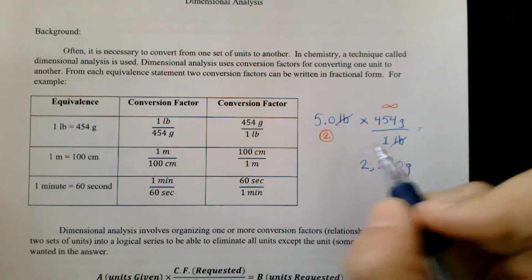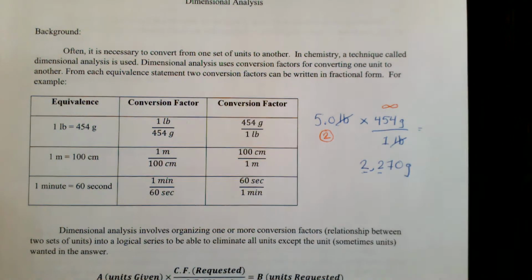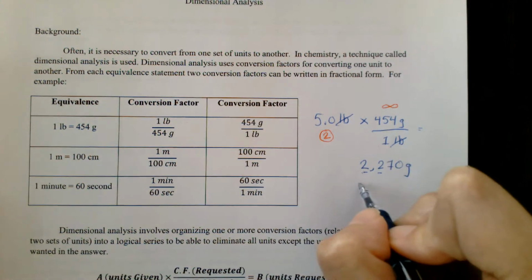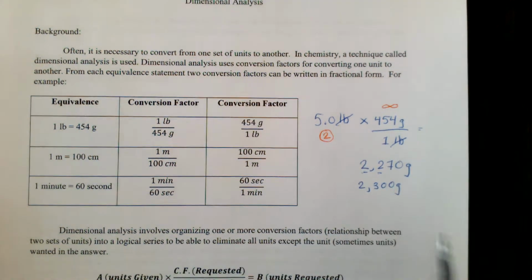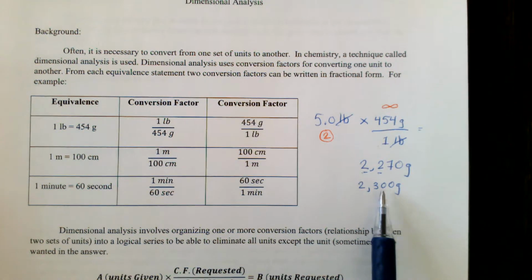So we would have these 2 place values holding our significant digits. We're going to round, and we'd have 2,300 grams. These 2 zeros here we know are ambiguous. One way to eliminate ambiguous zeros in a number is to report it in scientific notation.